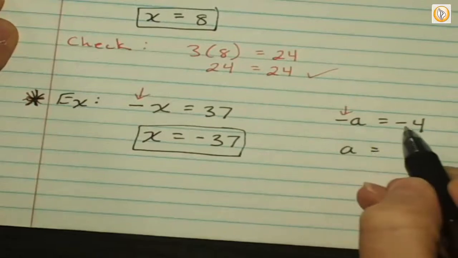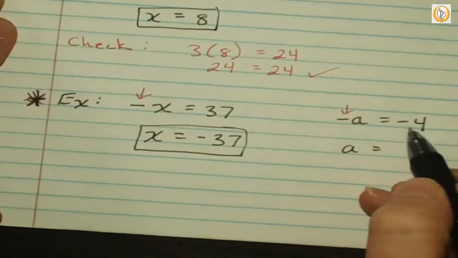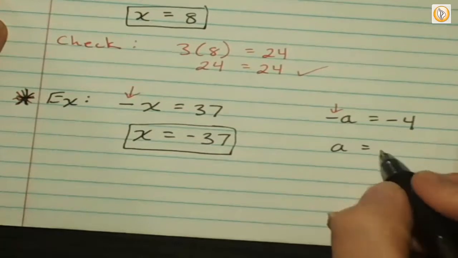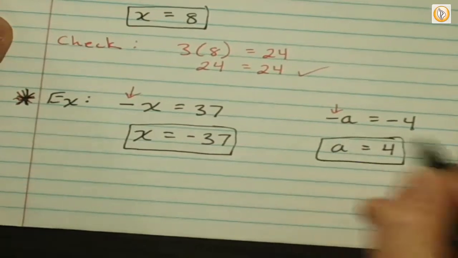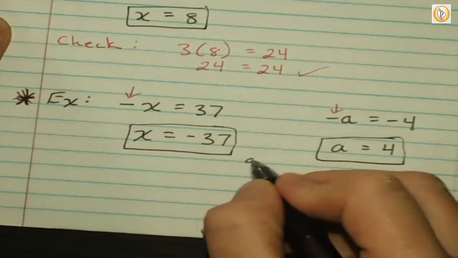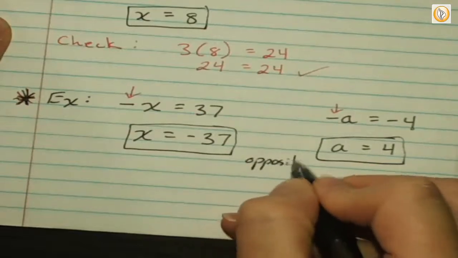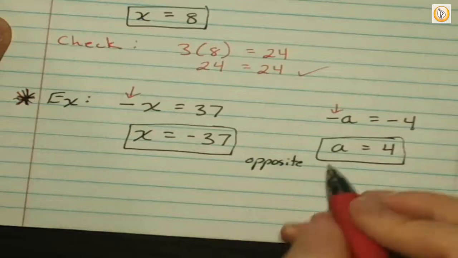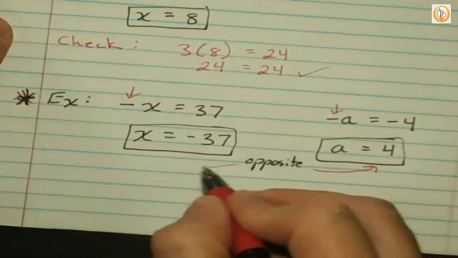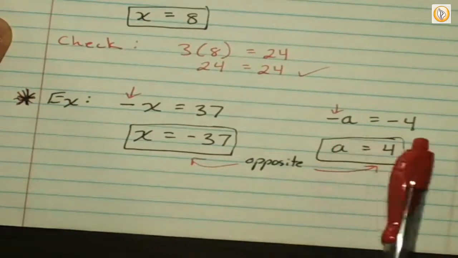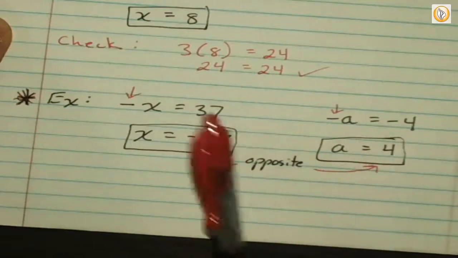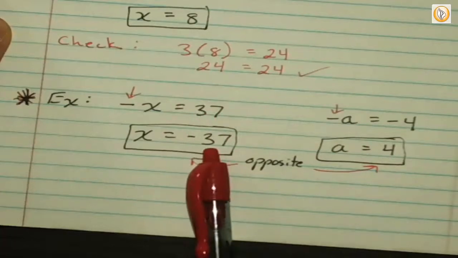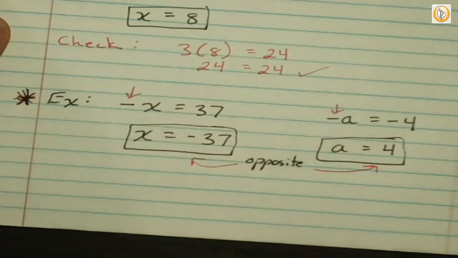Now, if I apply it over here, what does this -4 become? Yes, ma'am. You're basically doing the opposite. This was negative, now it's positive. This was positive, now it's negative. Do you all see that?